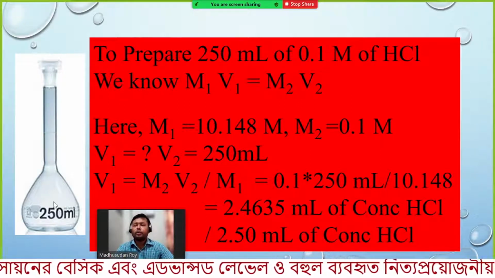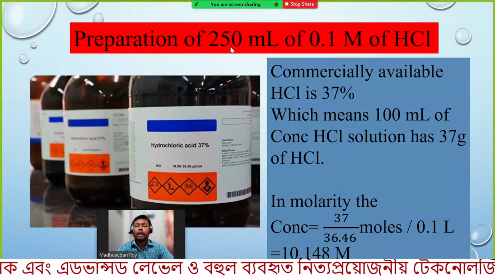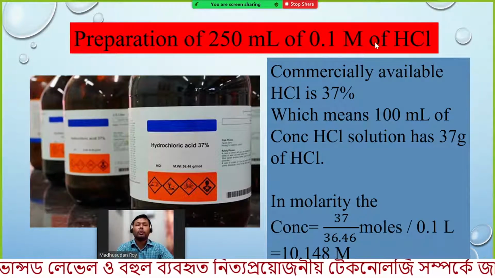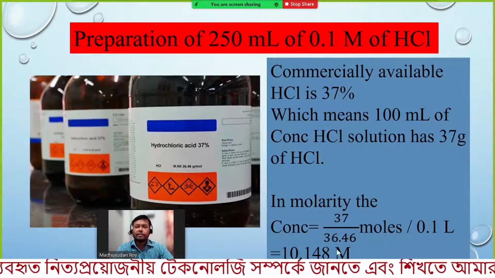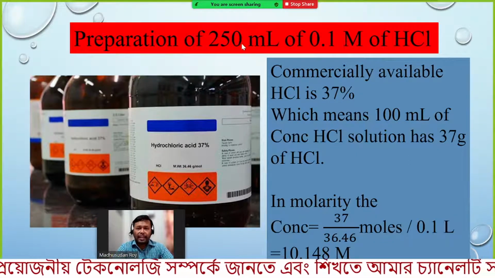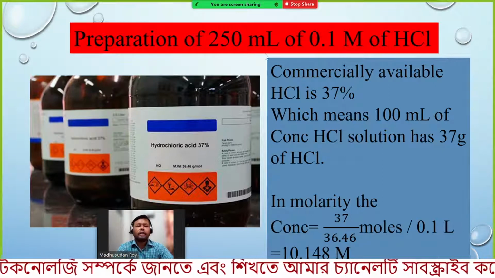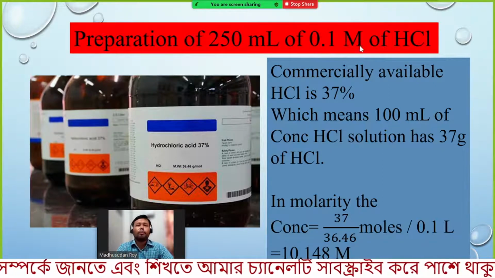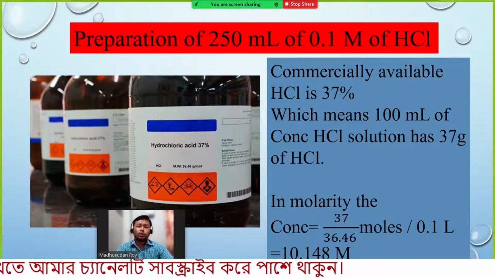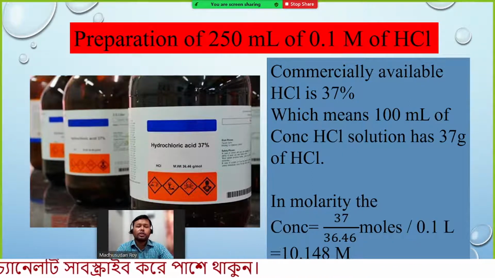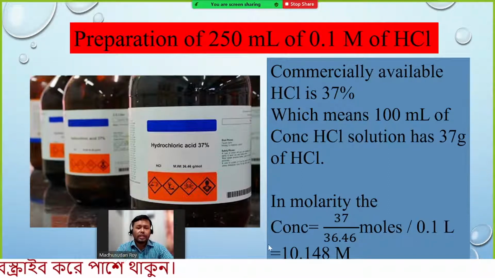Let us consider we have to prepare 250 ml of 0.1 molar hydrochloric acid. So your final volume will be 250 and the final concentration will be 0.1 molar, and the initial concentration is 10.148 molar.